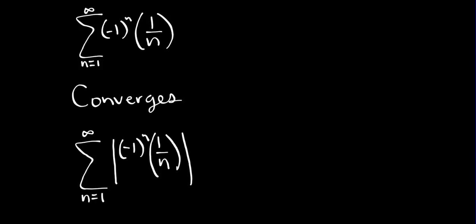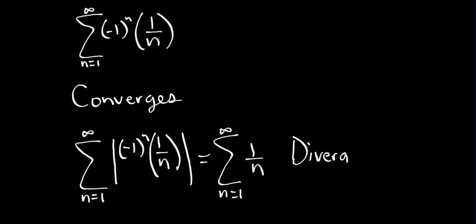Well, now that is going to be exactly the same as this series, because we're just taking off the negatives. That series right there diverges. Okay? That's a divergent harmonic series, right? It's a harmonic series, it diverges.